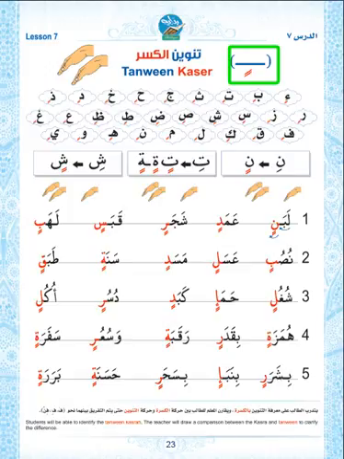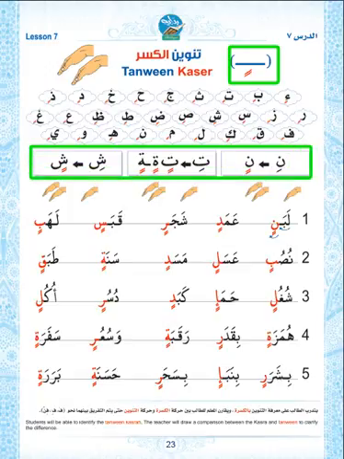Also, in this lesson, as we did with Tanween Fath, the teacher can use these three boxes to explain Tanween Kasr, and it's very important that the student can connect the idea of Kasra with Tanween Kasr. We don't want the student to treat them like two separate concepts.